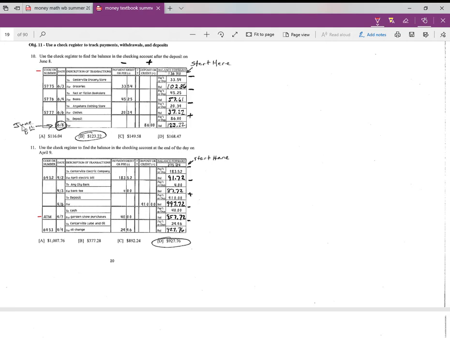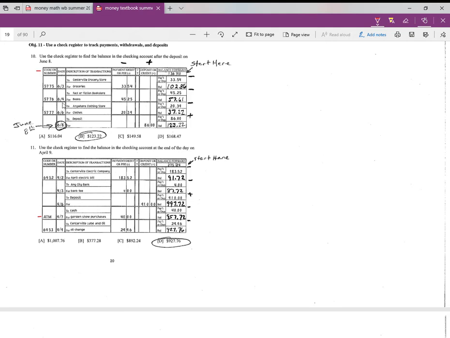Anytime you make a payment out of your checking account or put money into your checking account, you should be writing something in here. Even when you make a deposit, which means putting money into the bank, some people will write deposit in this box. So that's a code or number.